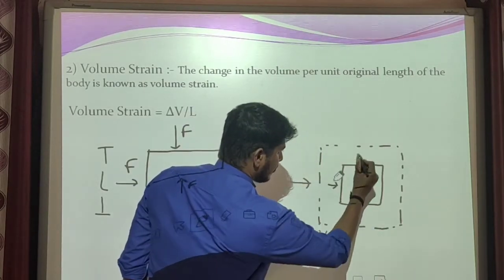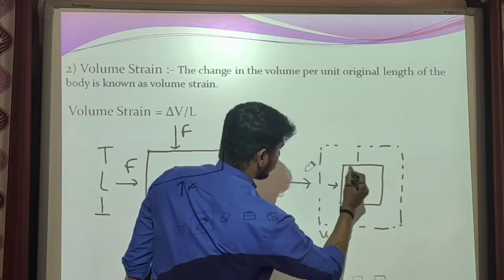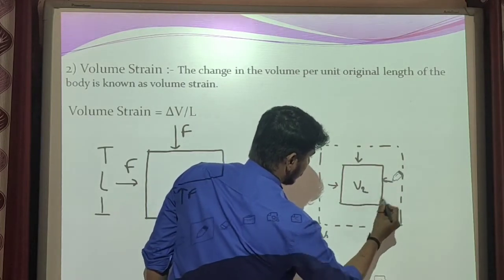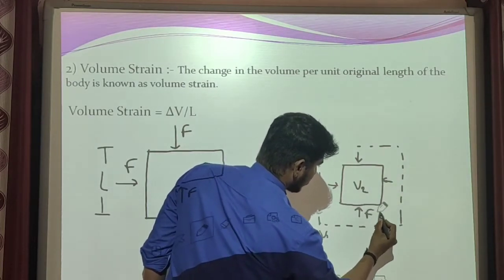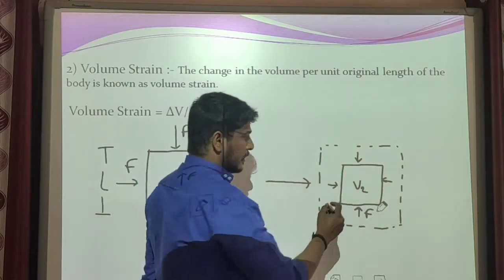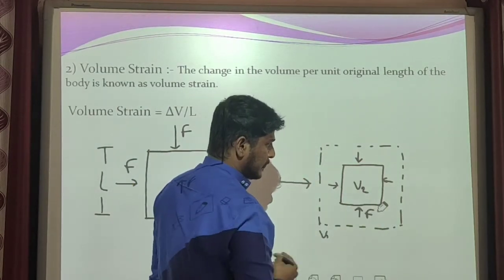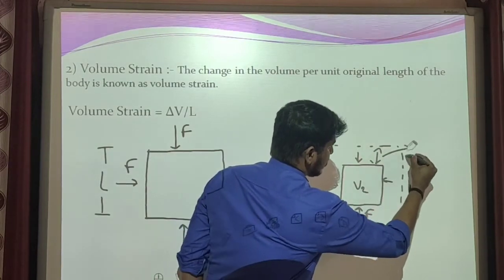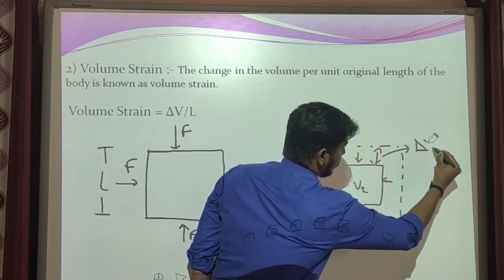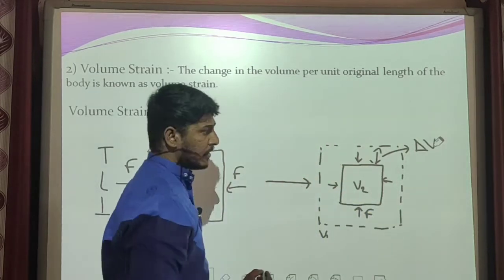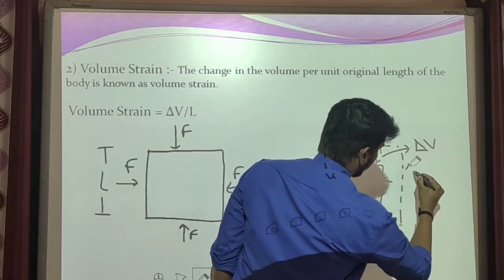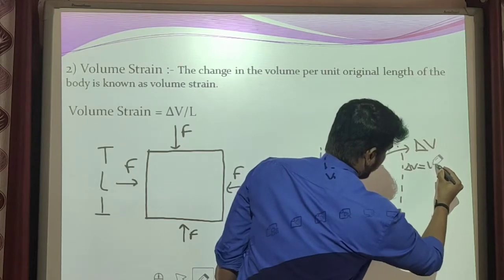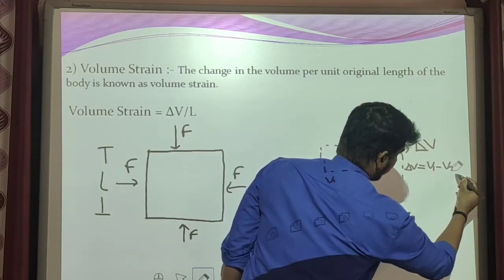After applying the deforming force, the body undergoes deformation and its volume becomes V2, and this gives us the change in volume, delta V, which is equal to V1 minus V2.